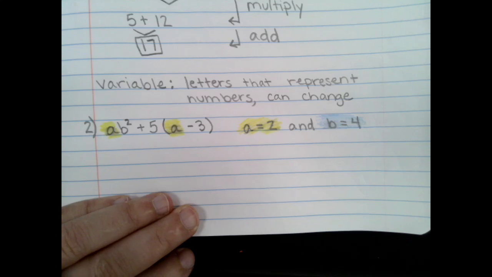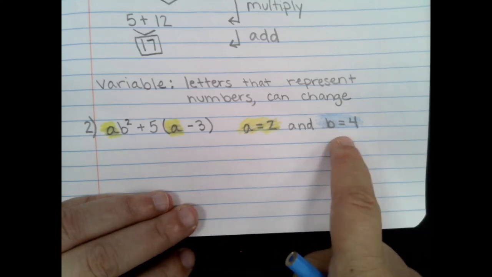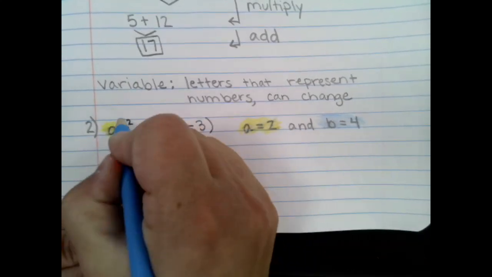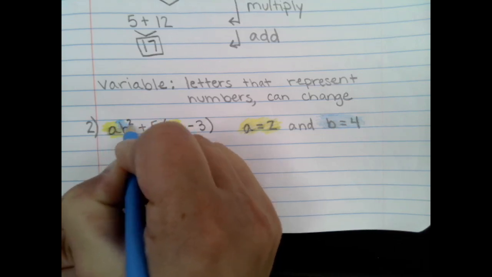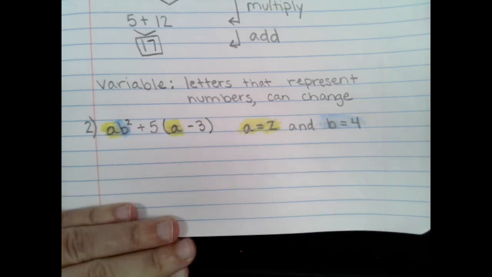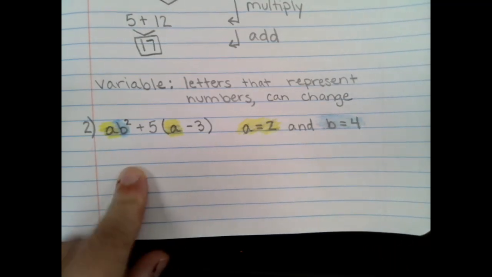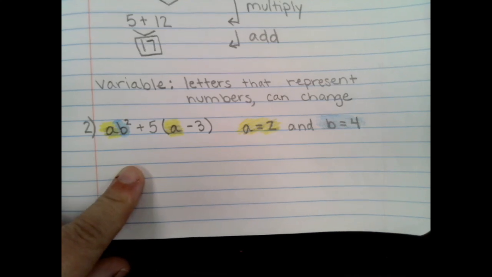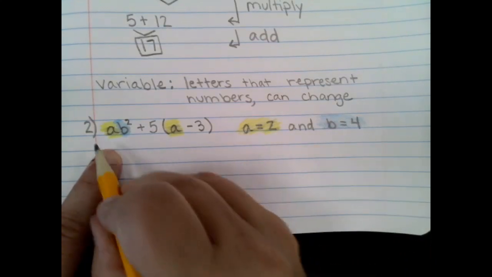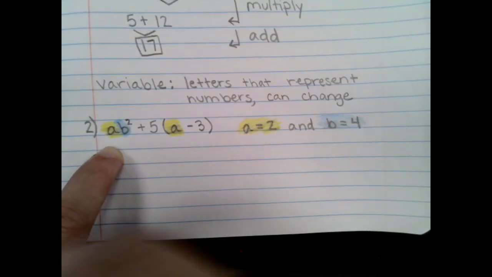So b equals 4. I'm going to use blue for b. And I'm going to throw that in right here where that b is. All right, so for A, we have A is what? 2.